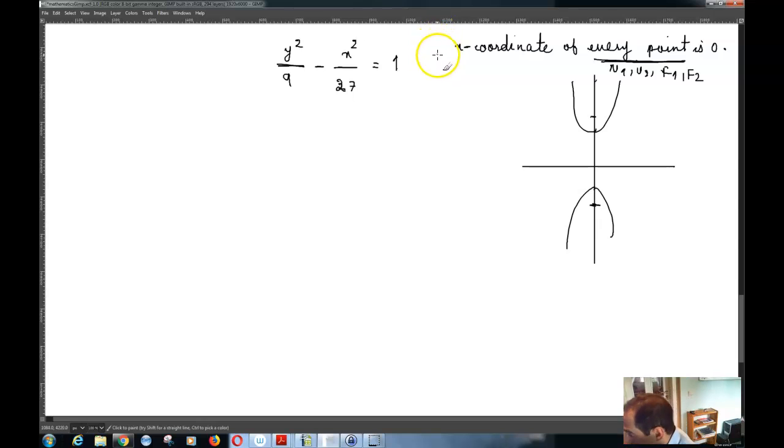So basically what you want to do is that, since you know the equation, the orientation of your hyperbola is this way, you know that your equation is y squared by a squared minus x squared by b squared is equal to 1.